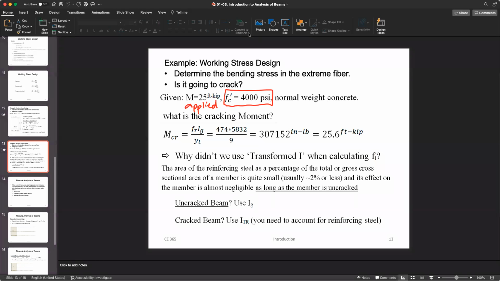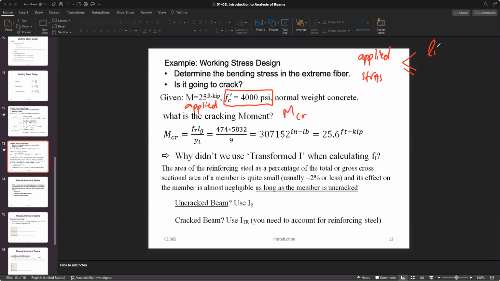Okay. So on this problem, you realize that you wouldn't crack with this moment. But the question is, what moment will crack it? What is the cracking moment now? All right. How can we answer this question? Let's look at it here again. So really what I'm saying here is that the applied stress has to be less than or equal to your limit stress.